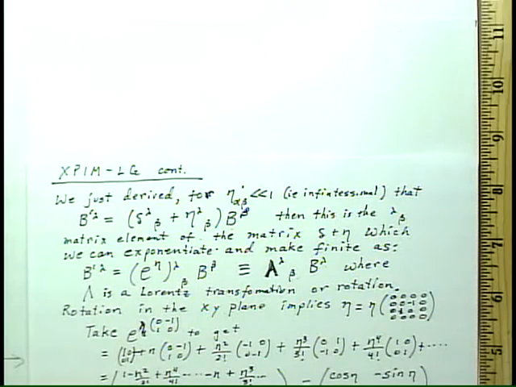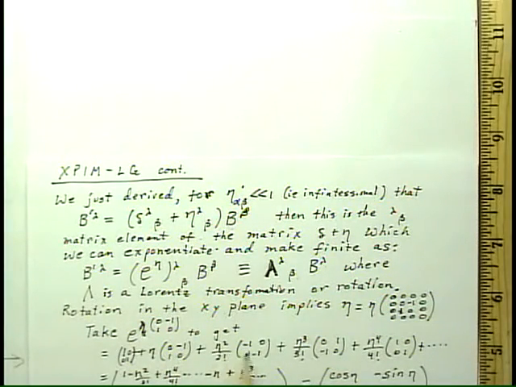Well, let's expand this and see what we get. First of all, you get the identity, 1, 1. Then you get eta times 0, minus 1, 1, 0.